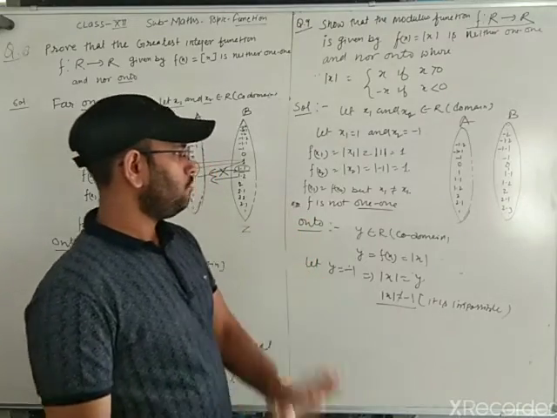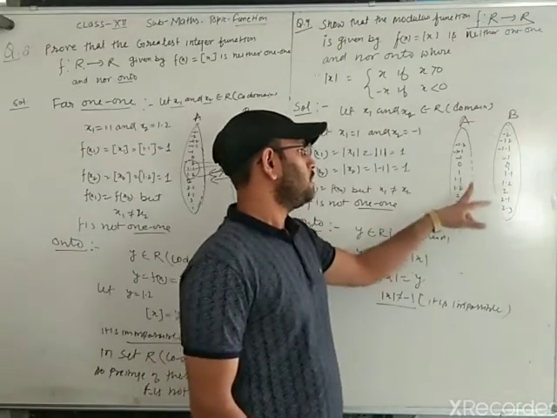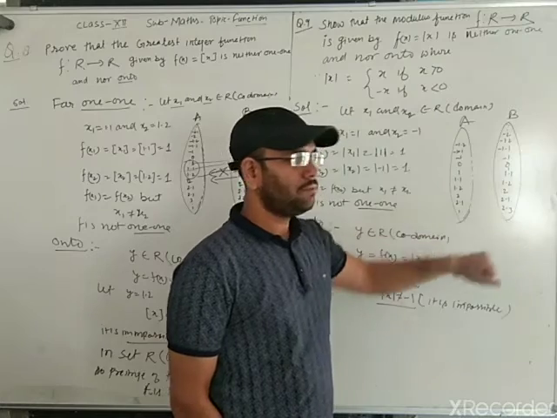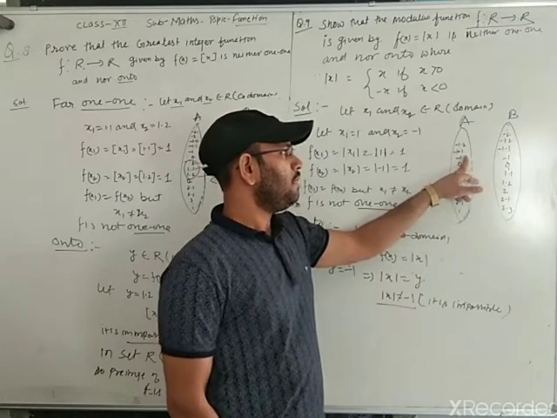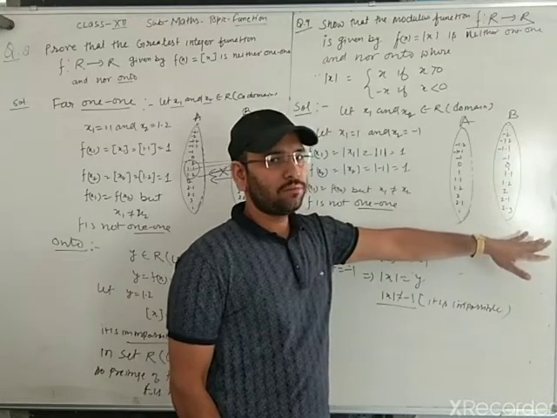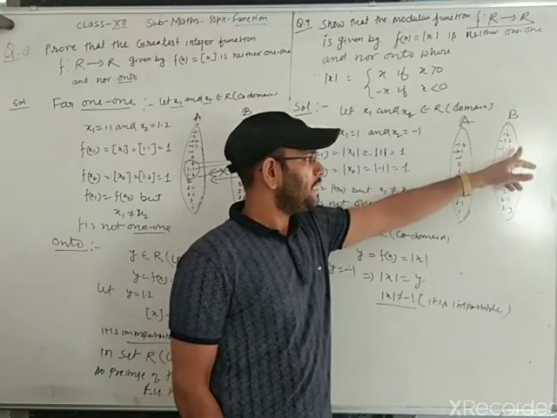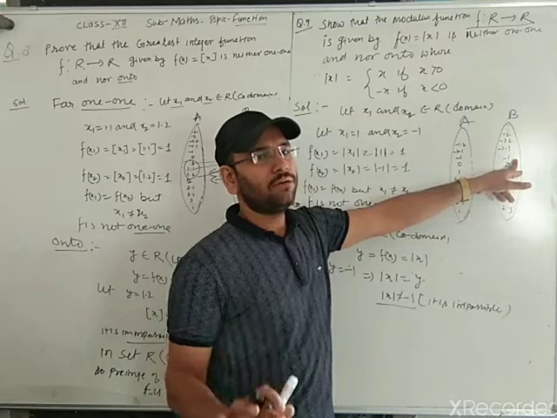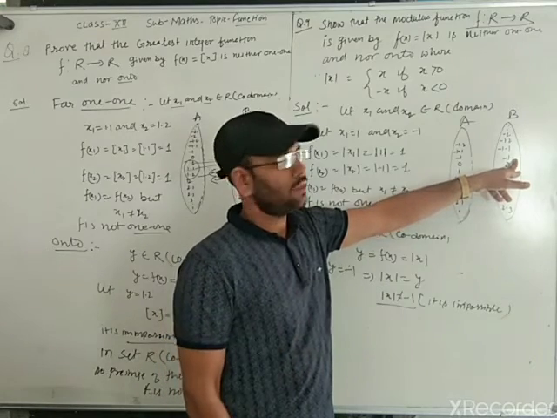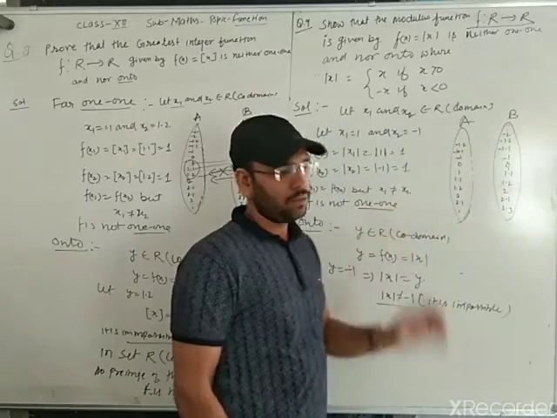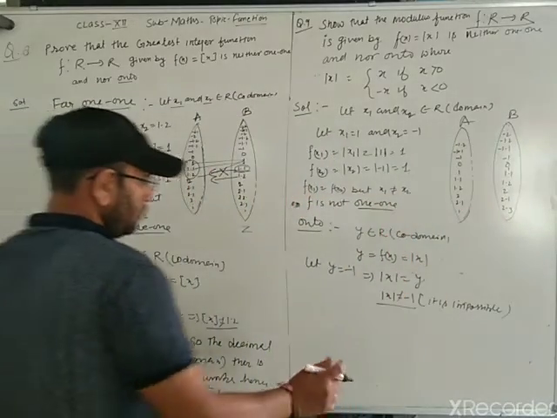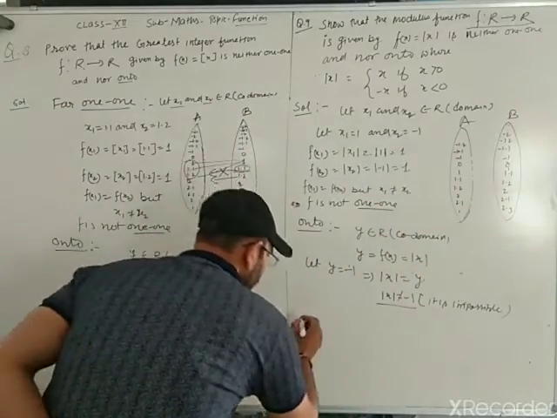If we put a positive value, we get positive. If we put a negative value, we again get positive. So the negative real numbers are left over. There is no pre-image for negative real numbers. This is not possible.